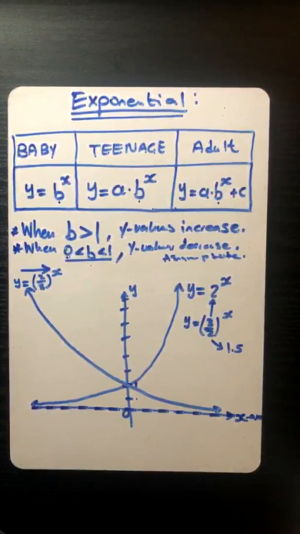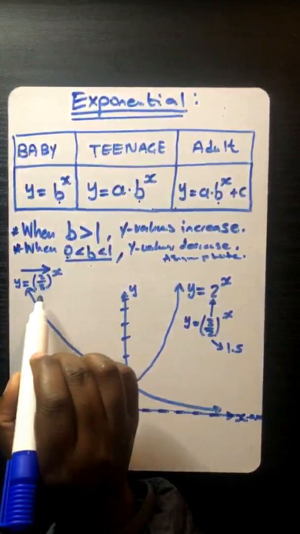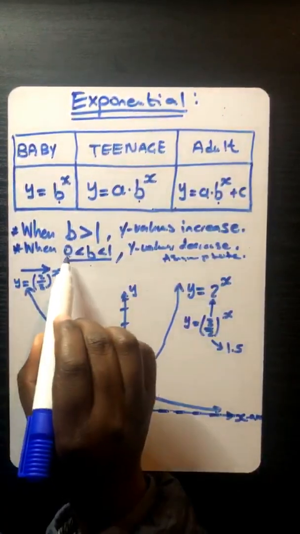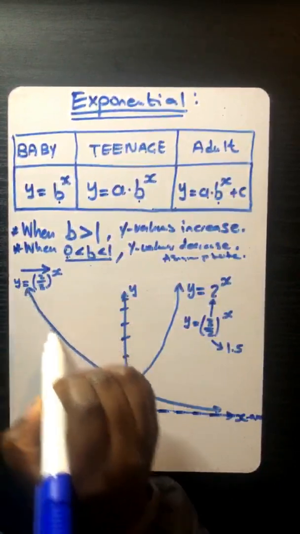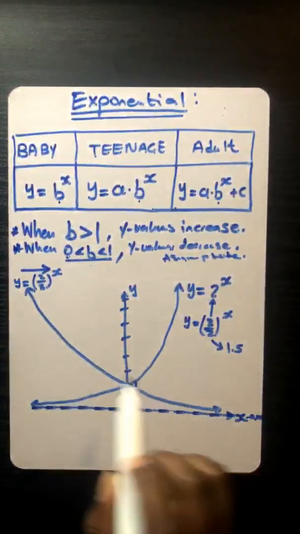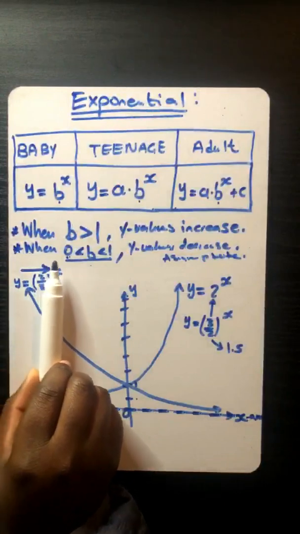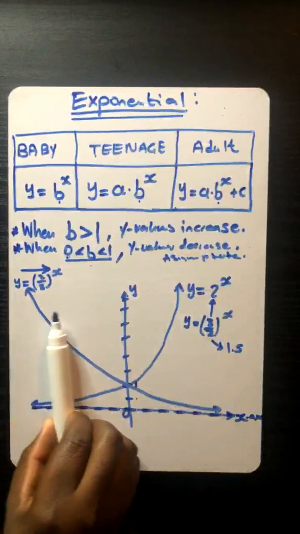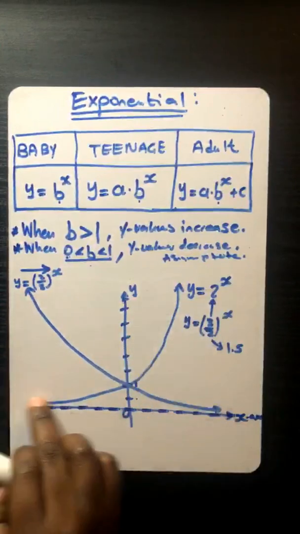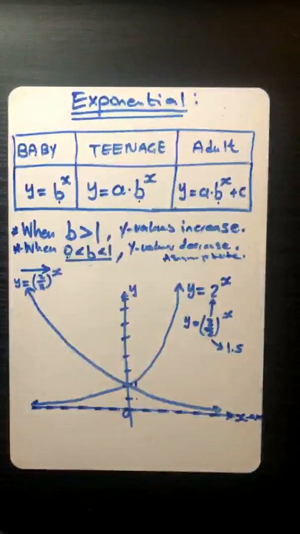Now what I was explaining is that when the b value is between 0 and 1, you've got a function in that direction. As we move in that direction, the y values decrease for this one. But for that one, you can see the y values are increasing. That is the difference between the two.